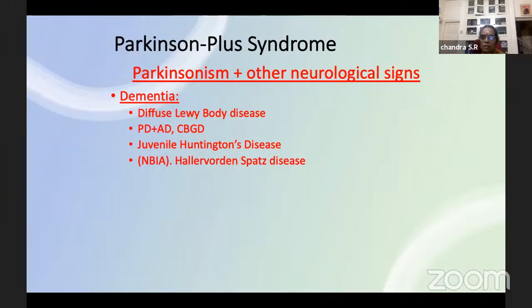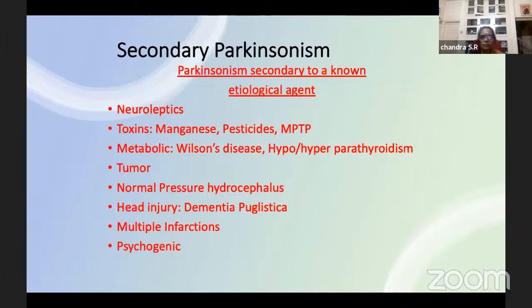So the term Hallervorden-Spatz is removed, and it is called neurodegeneration with brain iron accumulation, NBIA, or pantothenate kinase related disorders. The Hallervorden-Spatz term should not be used anymore because of unethical practices. So that is the primary Parkinsonism.